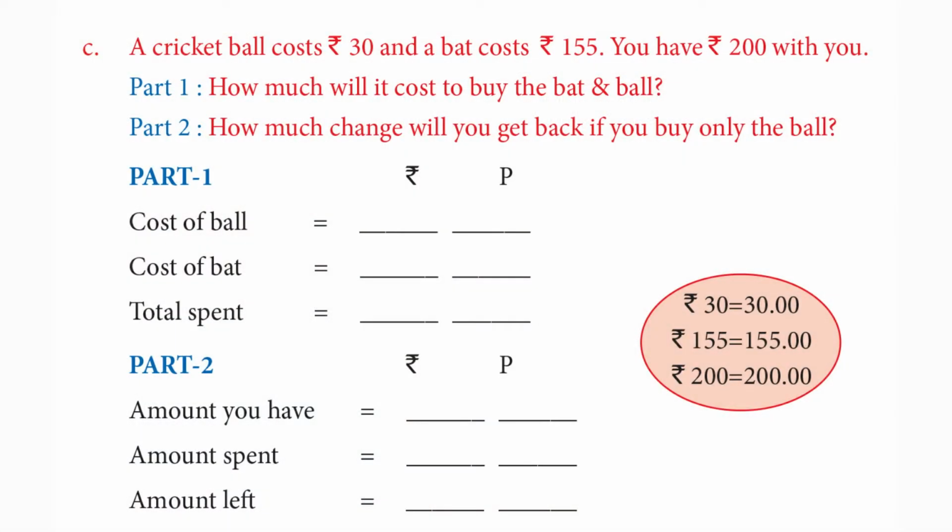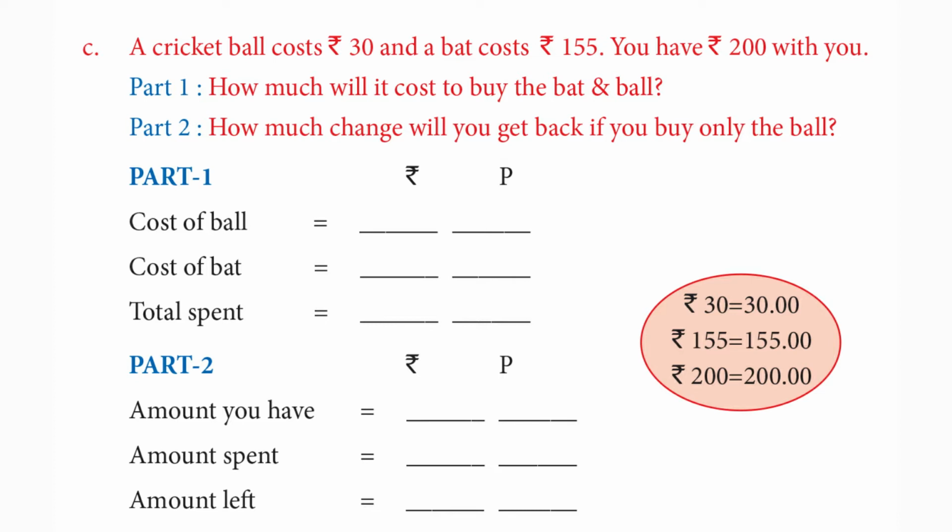The next one, a cricket ball costs rupees 30. Okay, rupees 30. So 30 and dot and 0. A bat costs rupees 155. So let's just write it like this, 155.